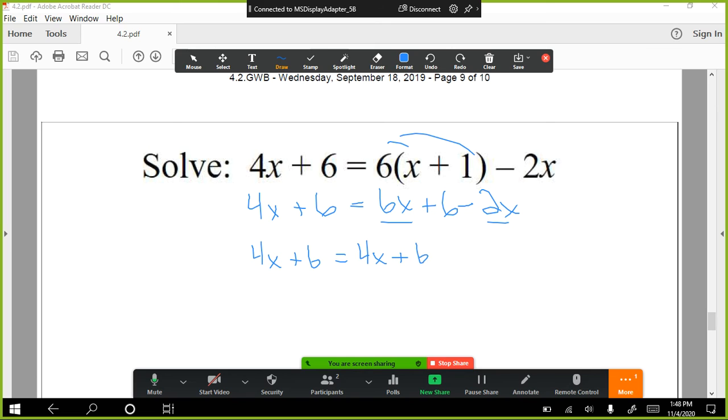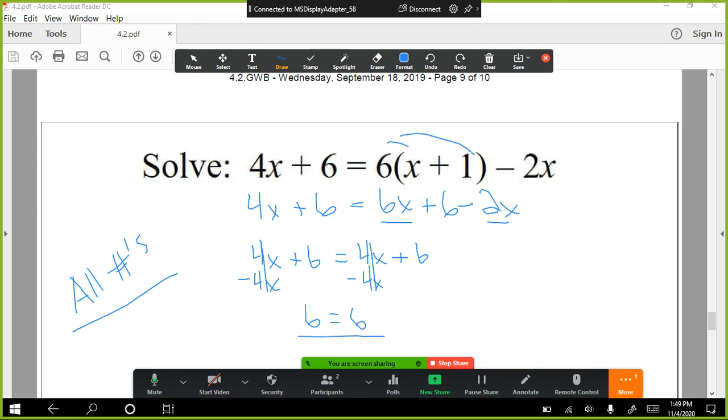If you notice something, I have the exact same thing on both sides. And then when I move the variable to one side, same thing happens. It disappears from both sides, but now I am left with a statement that is actually true. 6 does equal 6. This special case, the answer is going to be all numbers.